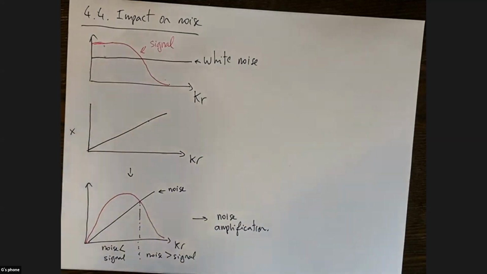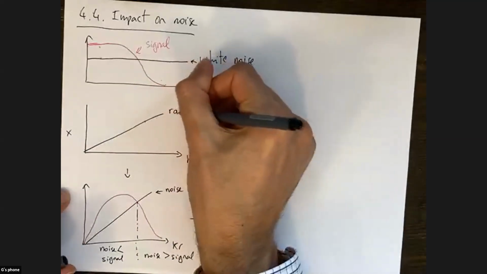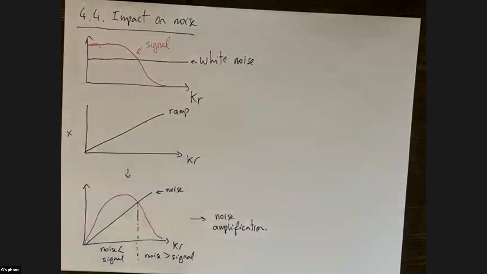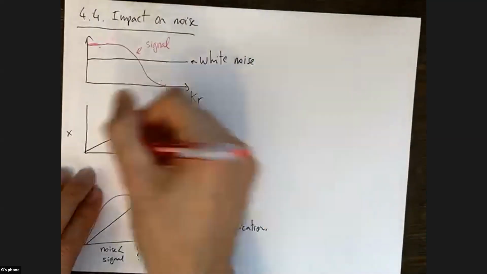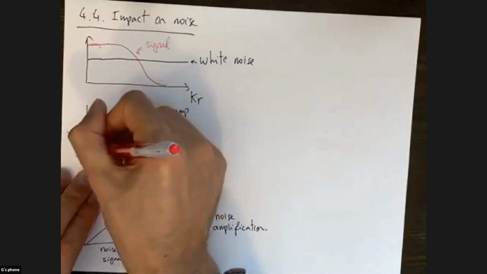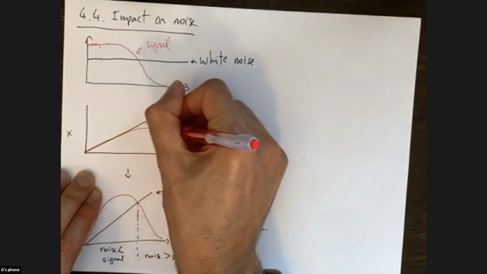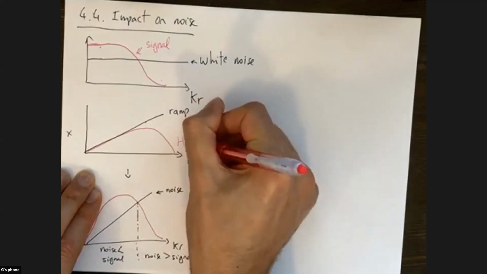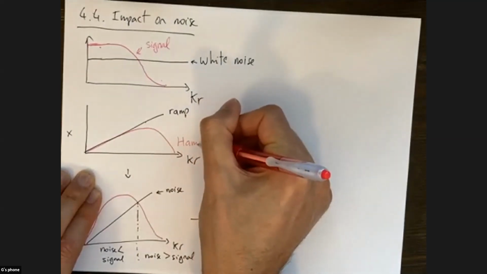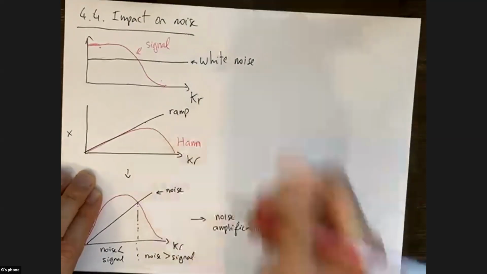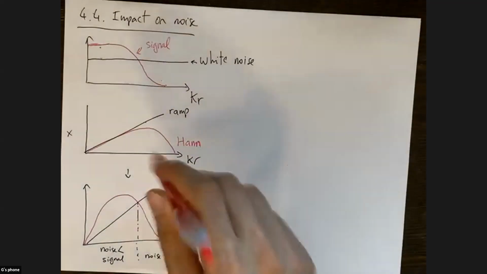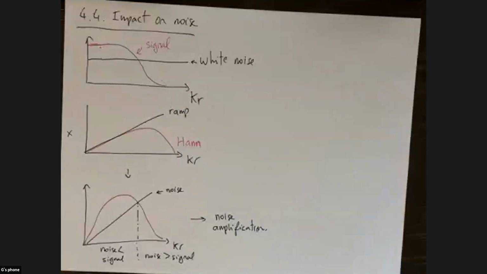So if this is the ramp filter here, instead of using a pure ramp that's emphasizing the high frequency content in the noise, we can use something that has a roll-off. For example, this would be an example of a ramp we could use, and this is called the Han filter. This will reject some of the high frequency noise because we're forcing the ramp to go down to 0.